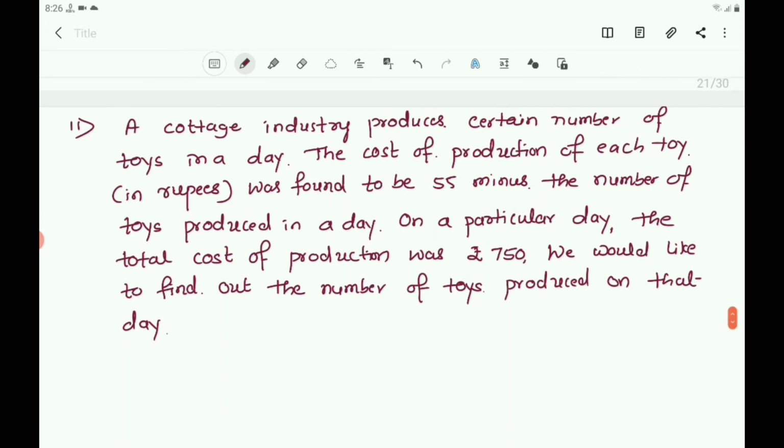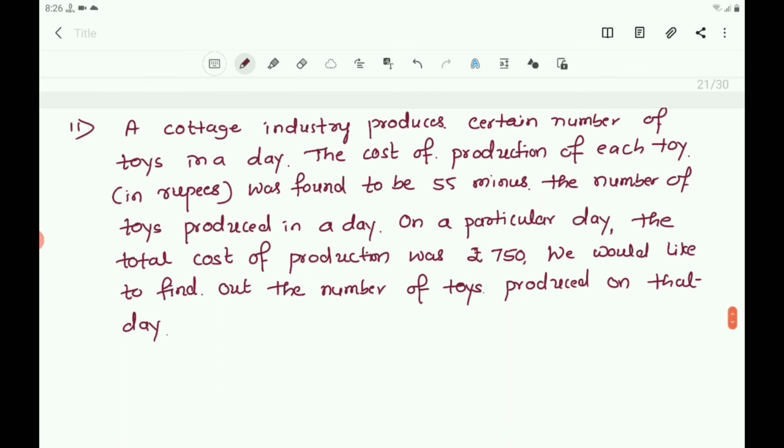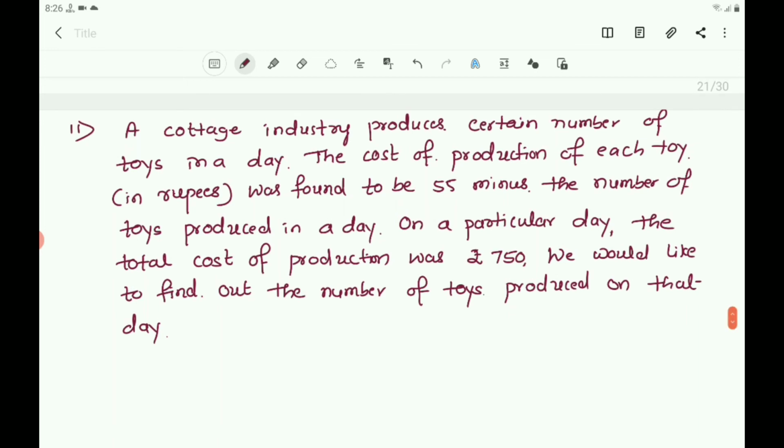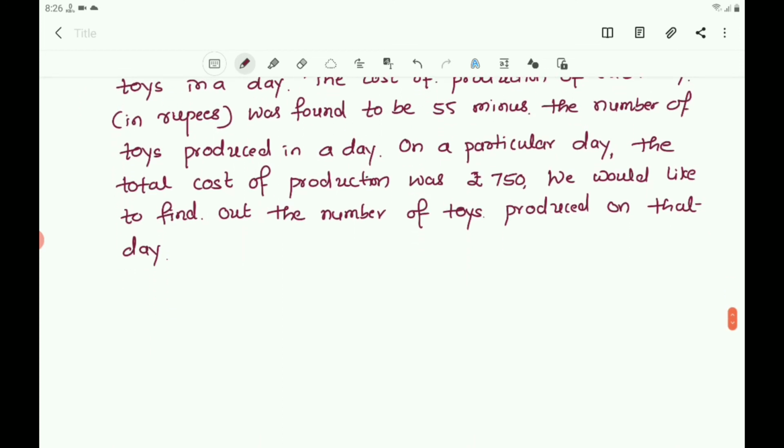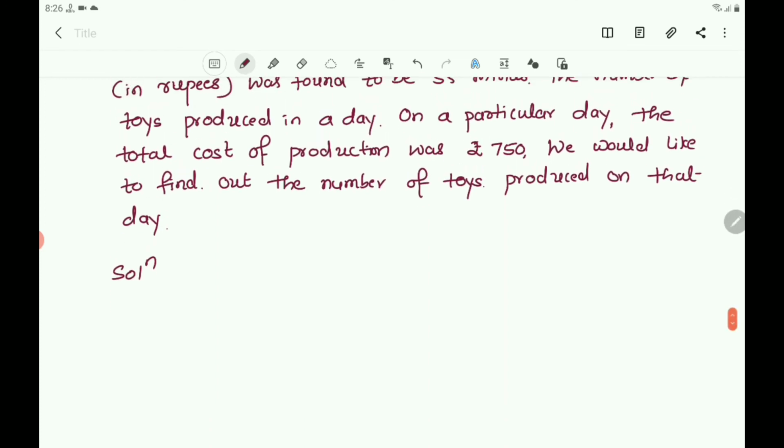Here it is given that the cost of production of each toy was found to be 55 minus the number of toys produced in a day. And on a particular day the total cost of production was rupees 750. So you write the solution here. First you write the quadratic representation.